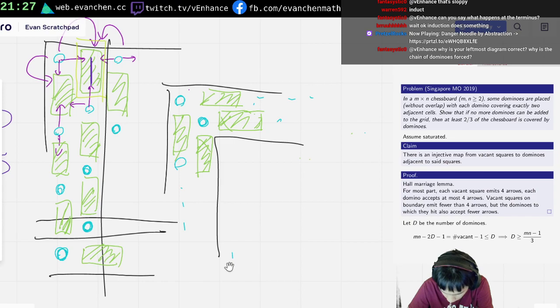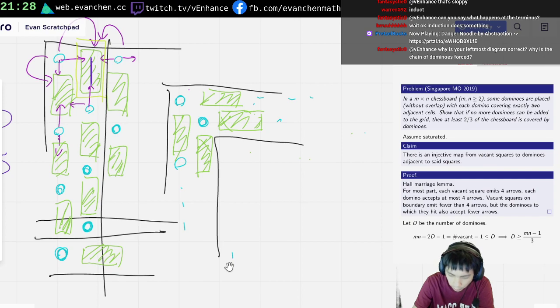Why did that not work earlier? Wait, hang on, I'm very confused now. What did I just do? I needed the outer edge here, right? The reason this argument was working was because I had something here. The forcing is done based on you need this.